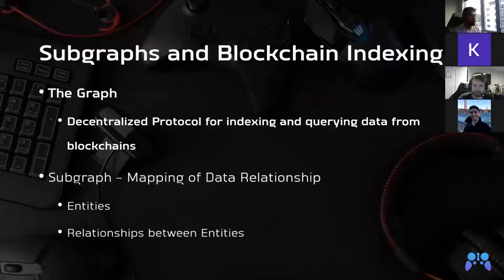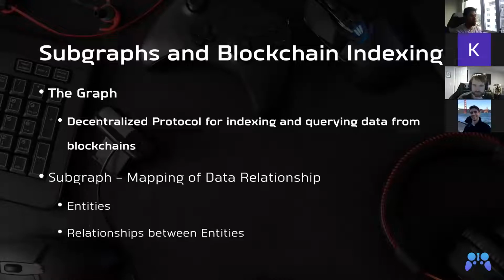Subgraphs define which data The Graph will index from your contract and from the blockchain, and it defines how it will be stored. Once it's deployed, it's going to be part of a global graph of data that The Graph has set up.